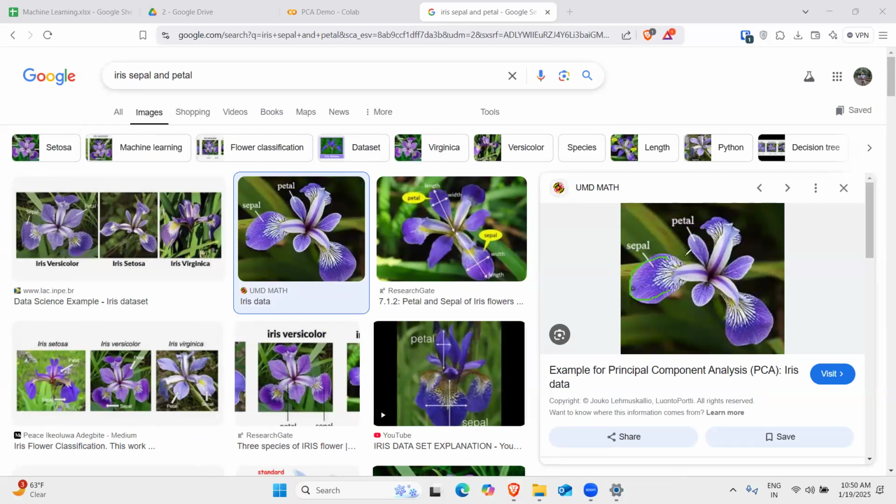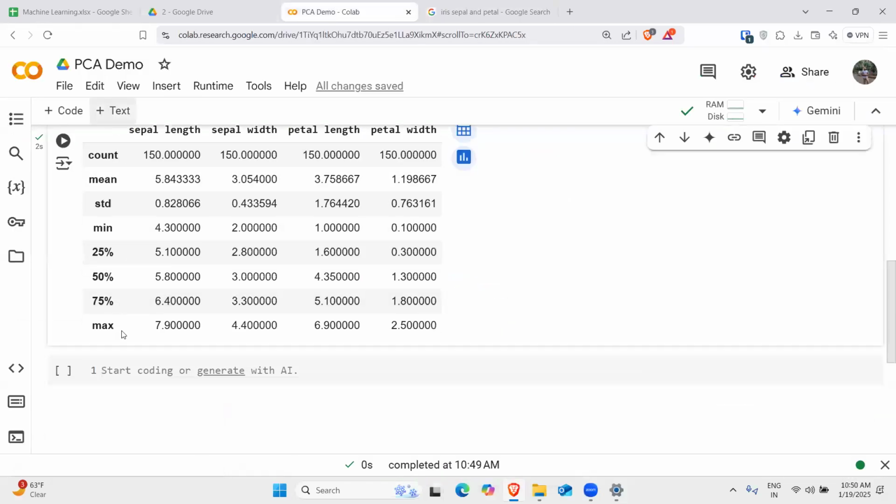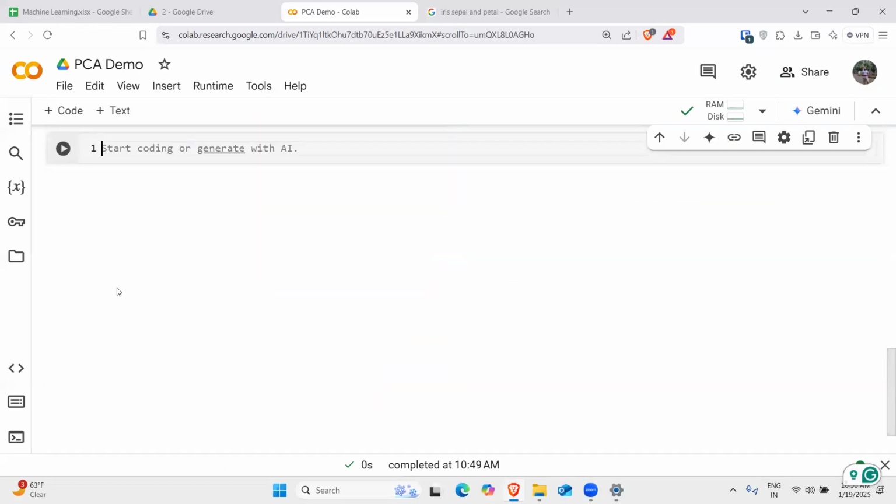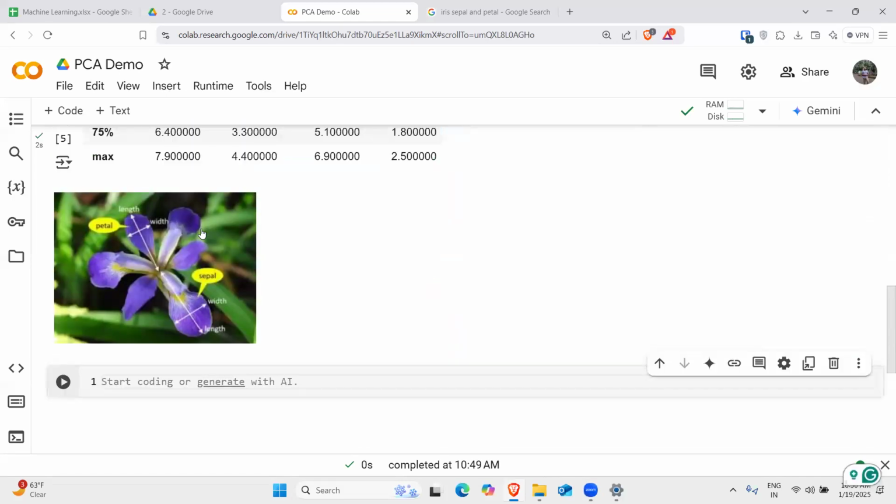This is known as sepal, and this small leaf you can say is known as petal. So we have sepal length, sepal width, petal length, petal width. This data set is all about that. I'll just copy this figure and paste it over here so that you can get an idea.